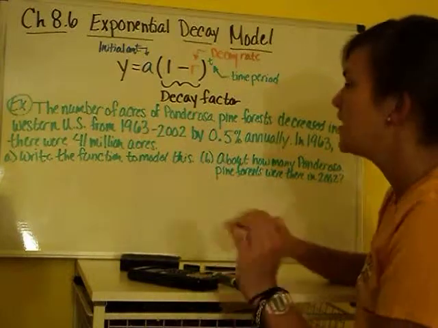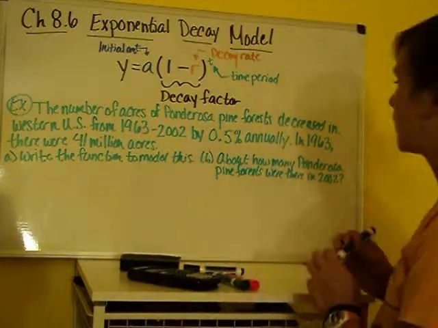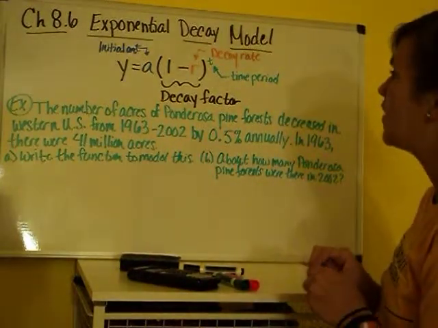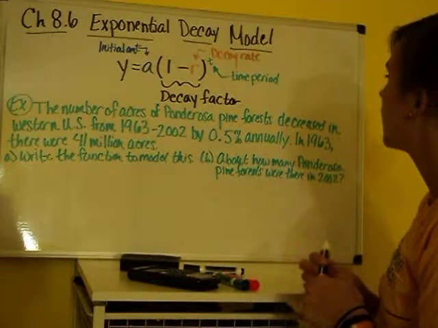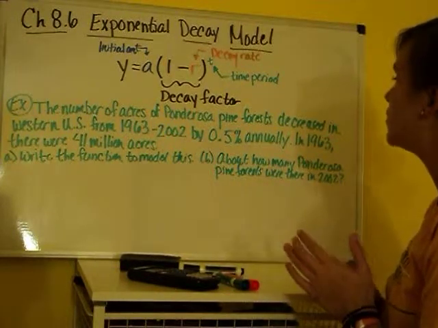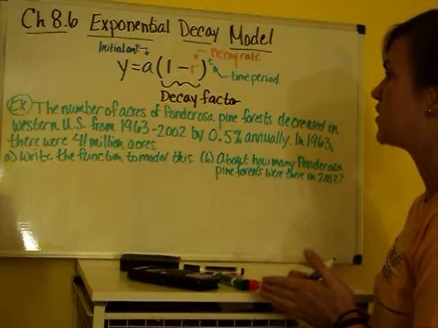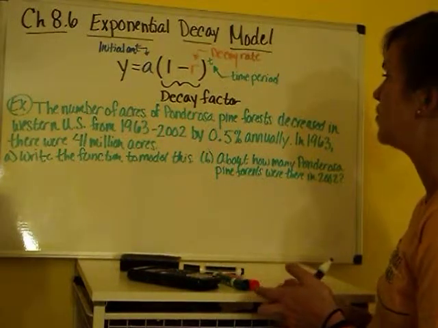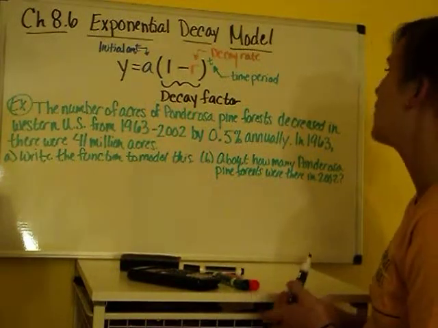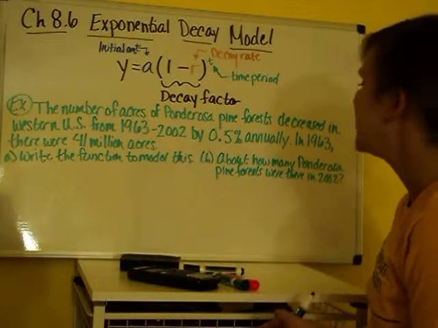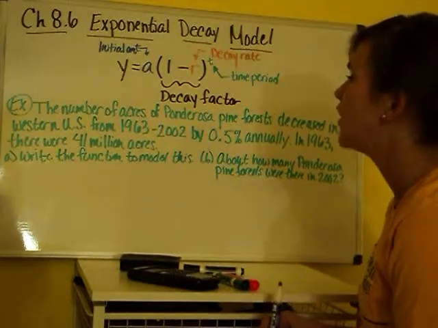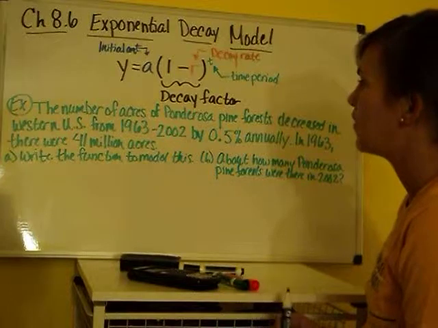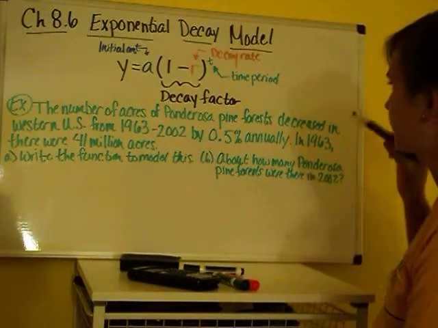Alright, so same thing here. We're going to write a function, and then we're going to do some calculating. The number of acres of ponderosa pine forest decreased in western United States from 1963 to 2002 by 0.5% annually. In 1963, there were 41 million acres. A, we want to write the function to model this.